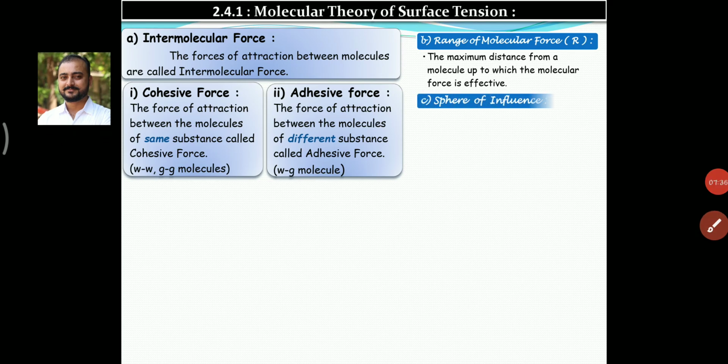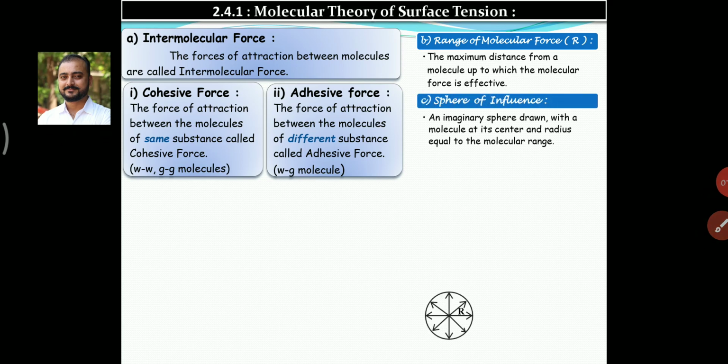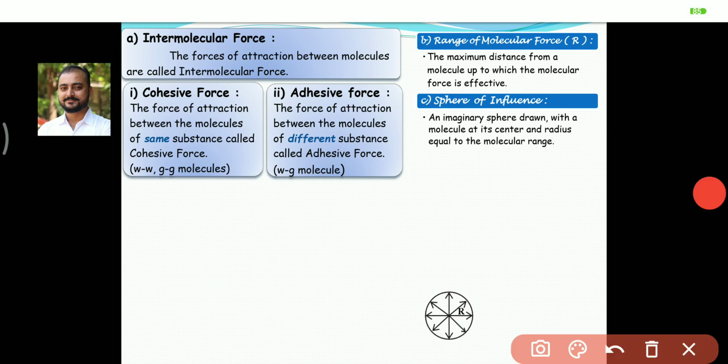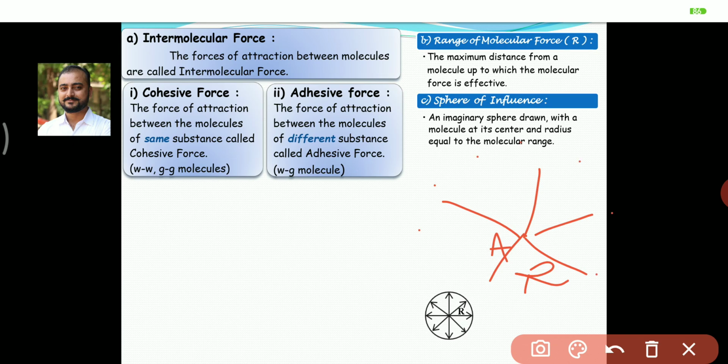Next is the sphere of influence. What we studied here, the particular range, means this: if we consider the molecule A, there is a certain distance in all possible directions, say r, up to which it can exert the force of attraction on these molecules. Beyond that it is not possible to exert the force.